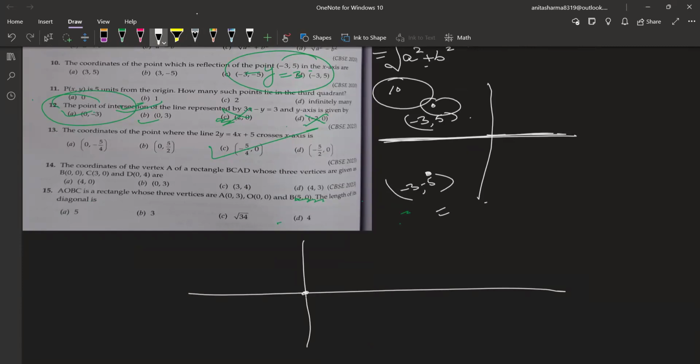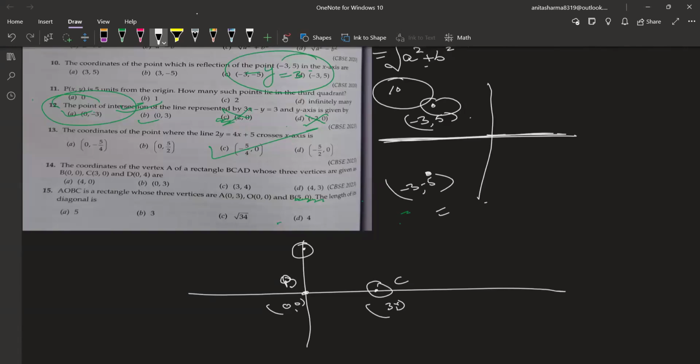So the origin is 0, 0. This is your O point, right? And then 0, 3. X coordinate is 0 and Y is 3. Sorry, 0, 0 and 3, 0. So 3, 0 will be this point, beta. This is your B coordinate, right?